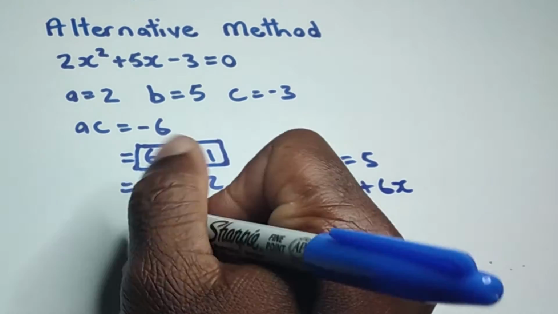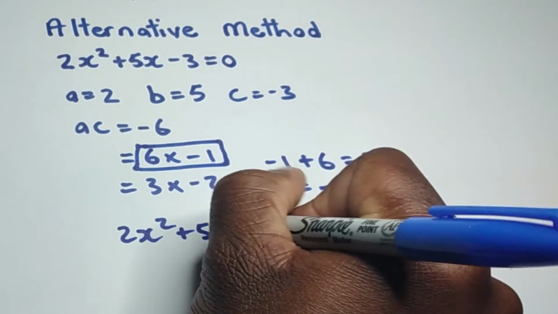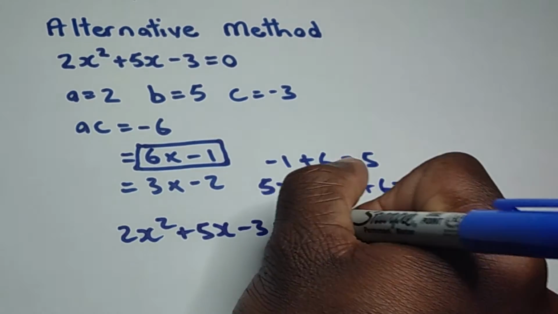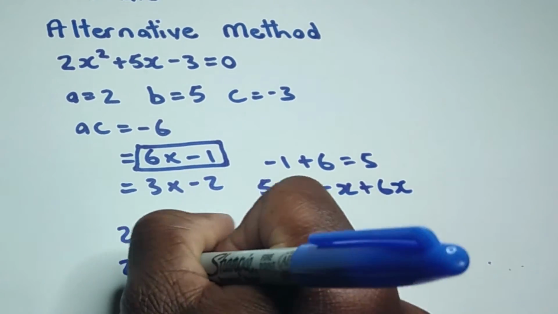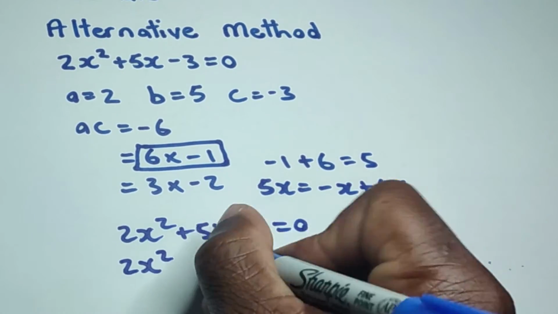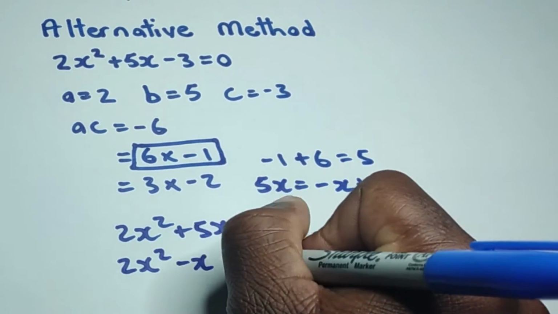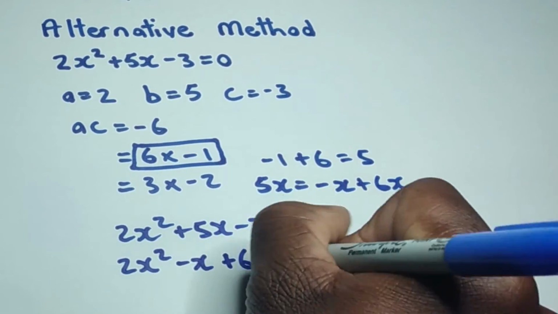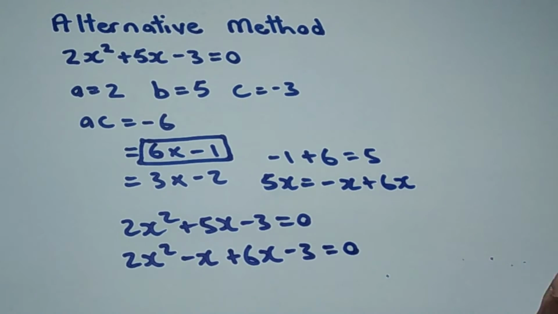Now we have 2x squared plus 5x minus 3. So I just wrote back the equation. And again, as I mentioned before, we are going to replace this 5x with negative x plus 6x minus 3 is equal to 0. All right.